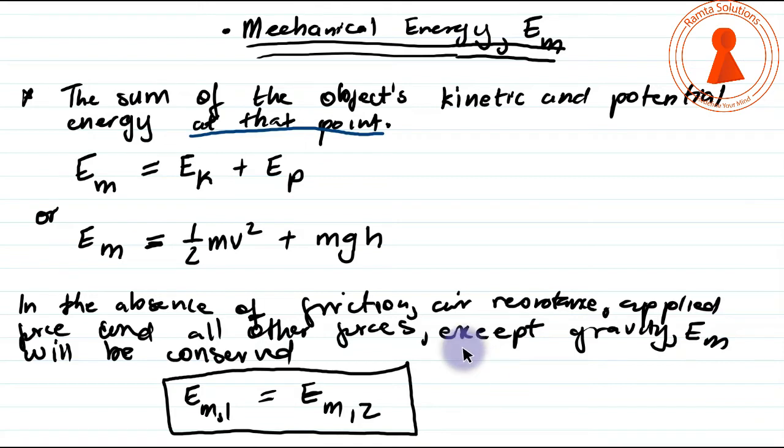So in an isolated system, this is where maybe only gravity affects your system. If only gravity affects your system, you can use this formula. You can say EM at point 1 equals EM at point 2.